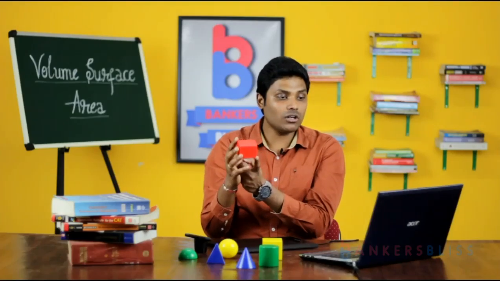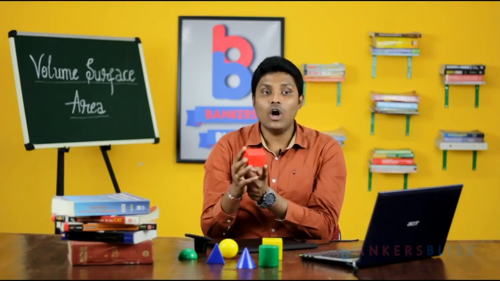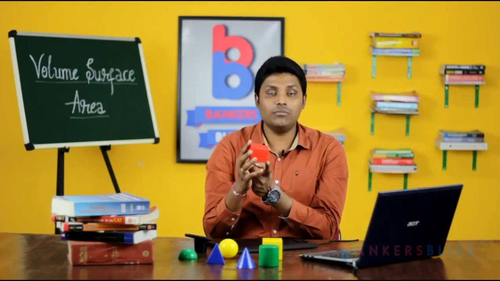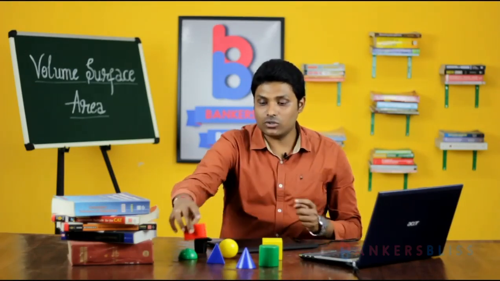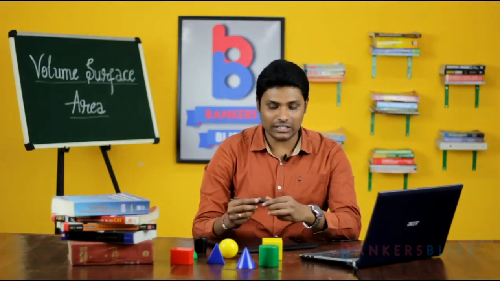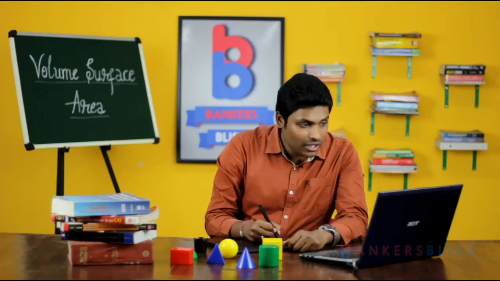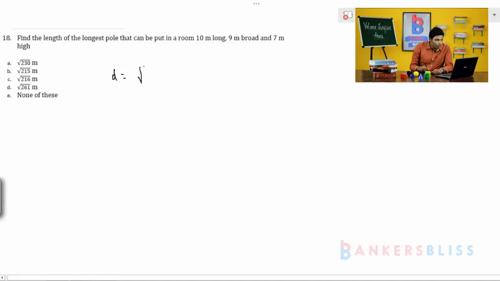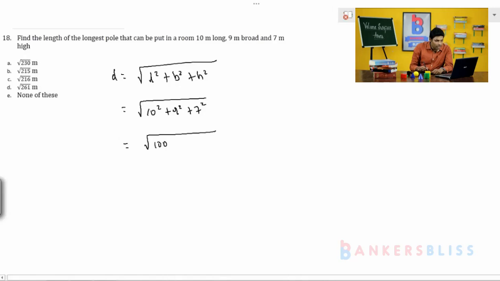Okay, 10 meter long, 9 meter broad, 7 meter height, all the values are different, so it will be a cuboid. Therefore the longest pole is nothing but the diagonal. So diagonal is equal to root of L square plus B square plus H square, which is equal to root of 10 square plus 9 square plus 7 square, which is equal to root of 100 plus 81 plus 49.